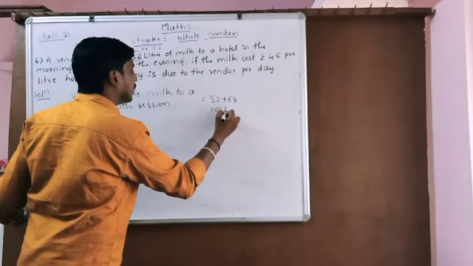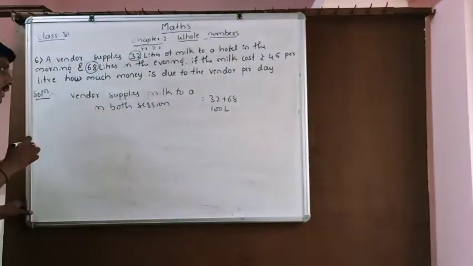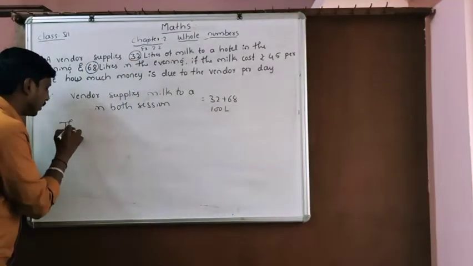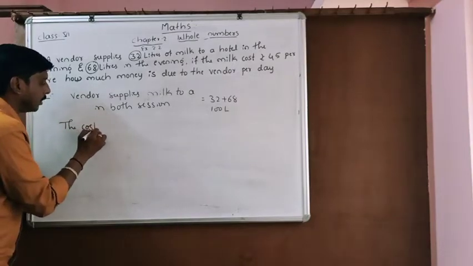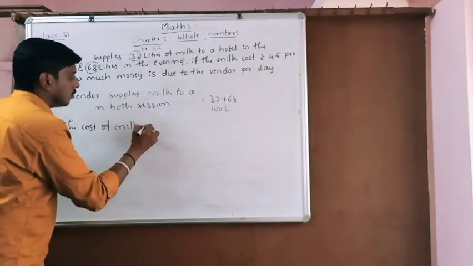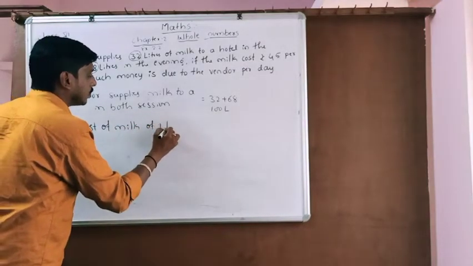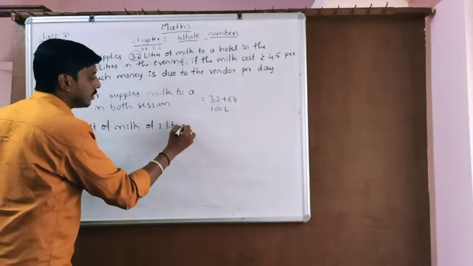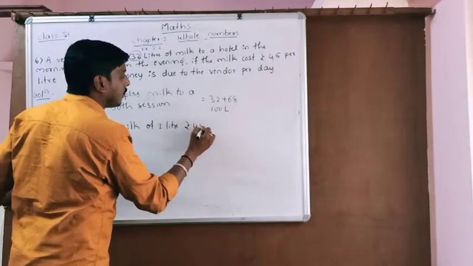100 liters. Okay. So the cost of 1 liter of milk, how much is it? 45.